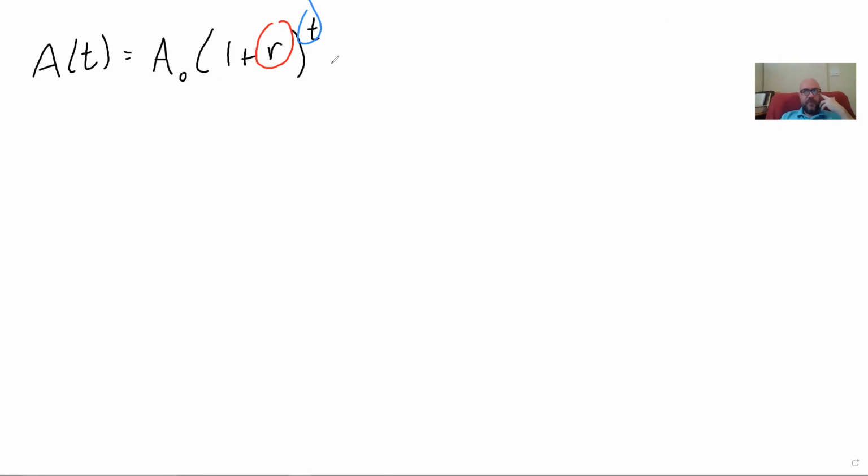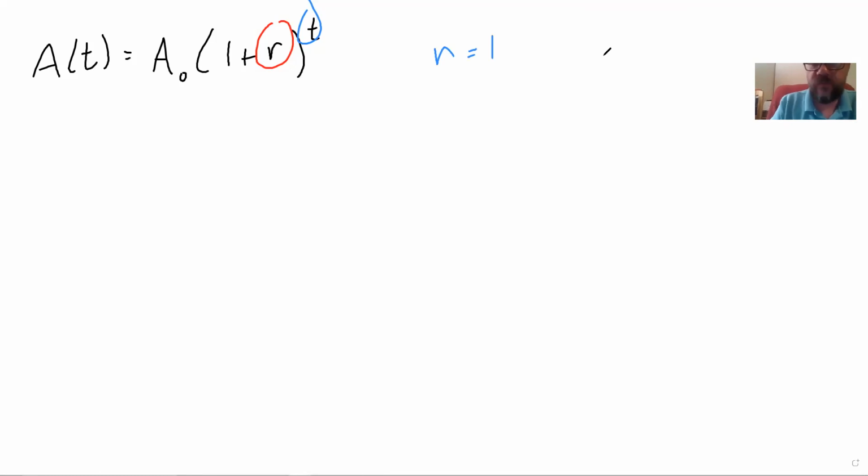But that's not actually how it's done. So let's say they're doing it once per month. So t is still going to be in years, but we're going to do this once per month. So I'm going to call that number, the number of times we calculate interest per year, n. So I'm going to say n equals 1 for this.